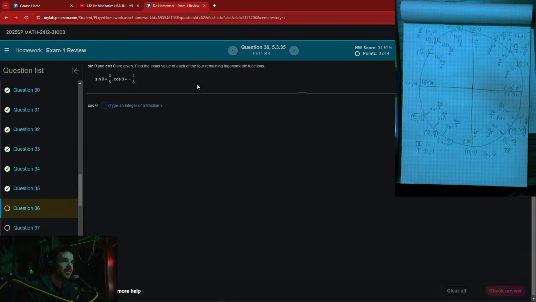Sine of theta and cosine of theta are given. Find the exact value of each of the 4 remaining trigonometric functions. These are fun. I always enjoy these. So we got sine equals 3 over 5.